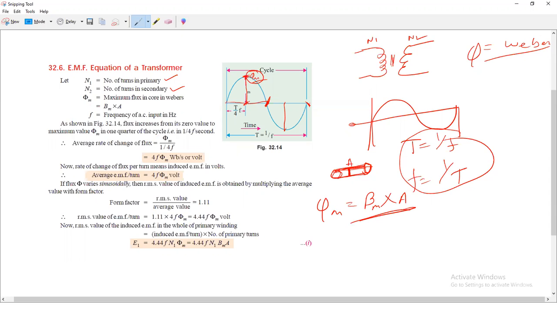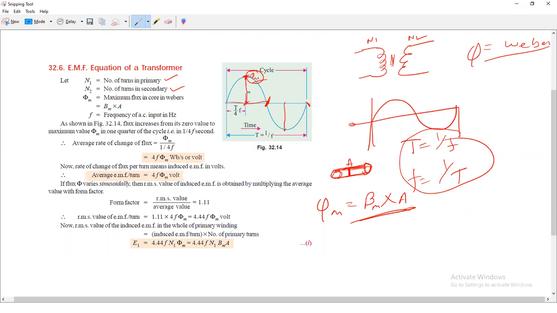For a different coil the flux density is different. Silver, gold, all have different flux density. So all are clear on this part?